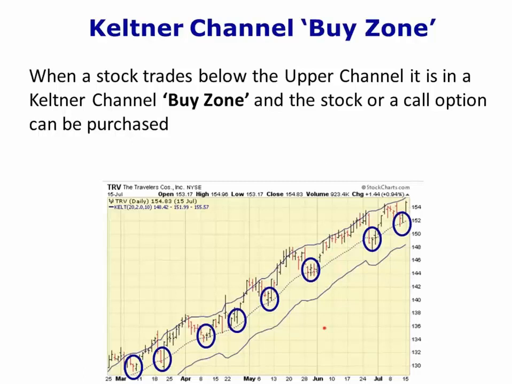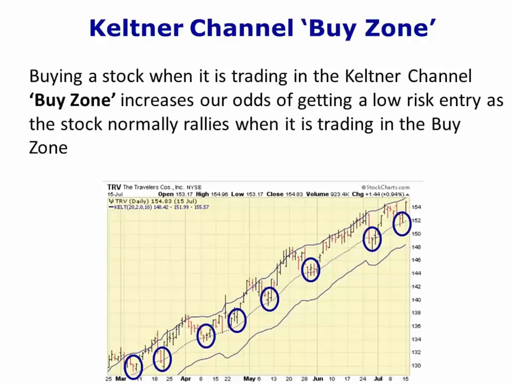Each one of these circles represents a buy zone for the Keltner channels as the stock is trading below the upper channel. Now, when we buy a stock that's trading in the Keltner channel buy zone, it will increase our odds of getting a low-risk entry, as the stock normally rallies when it's trading in the buy zone.